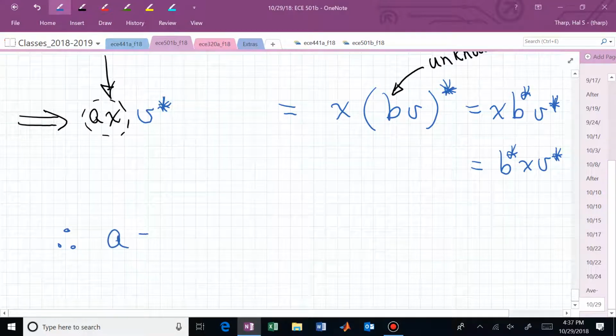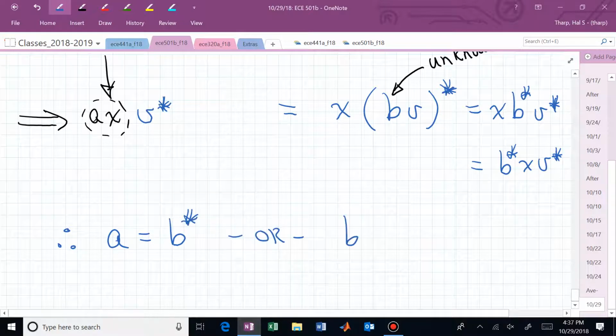hopefully I can see that A must be B star, or B, which is the representation of the adjoint's linear map, is simply the complex conjugate of A, A star.